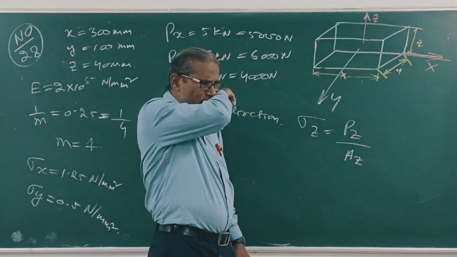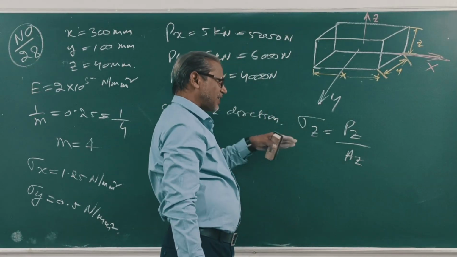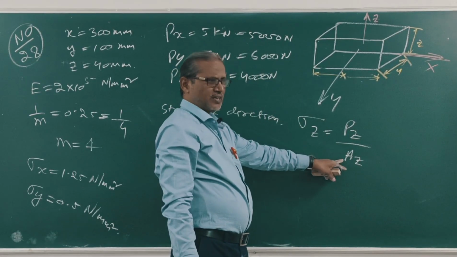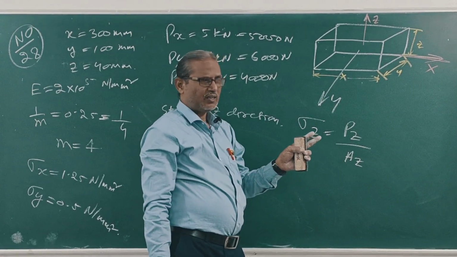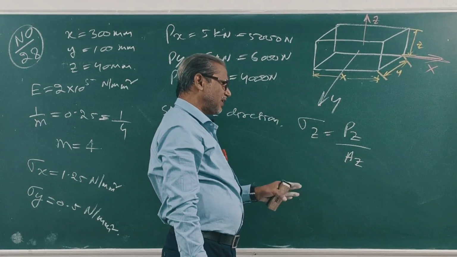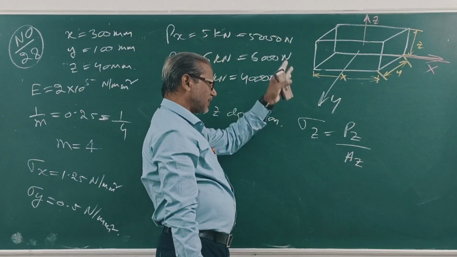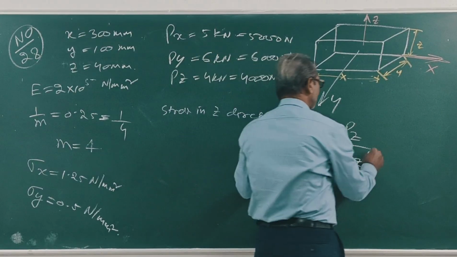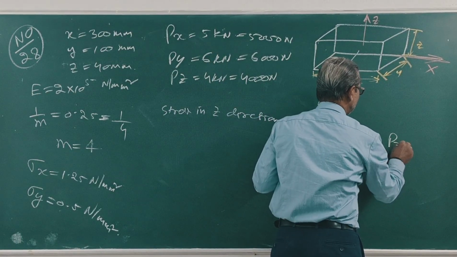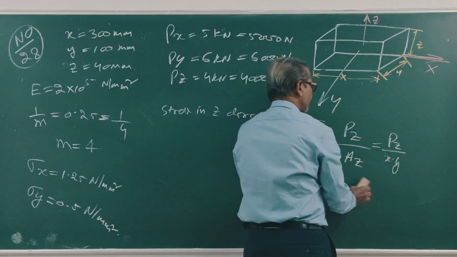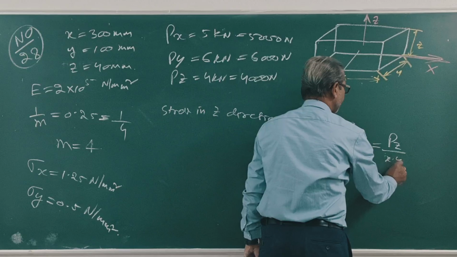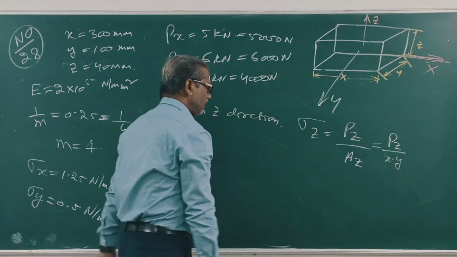Along x section, area is y into z. Along y section, xz. Along z section, x and y. So sigma z is equal to Pz by x into y. Right?